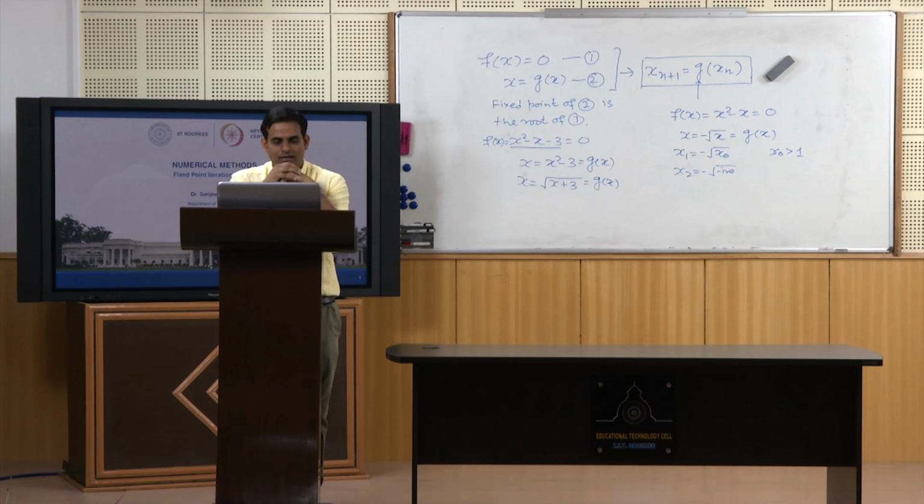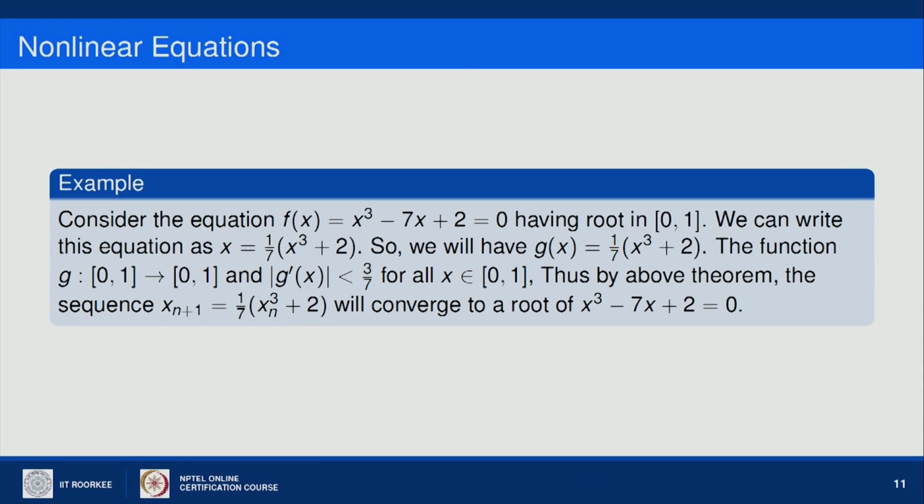That is our first assumption in this method. Moreover, if you check g dash x, it will always be less than 3 upon 7 for all values of x between 0 and 1.